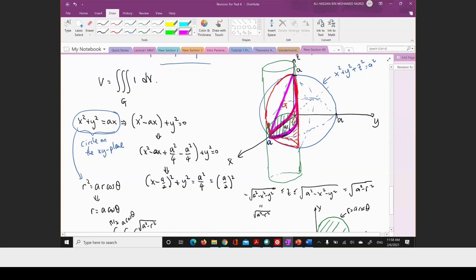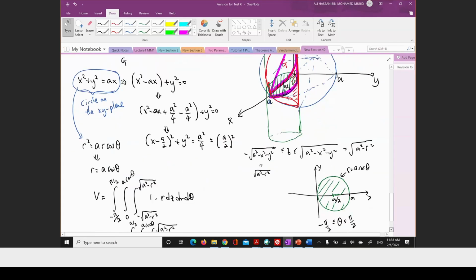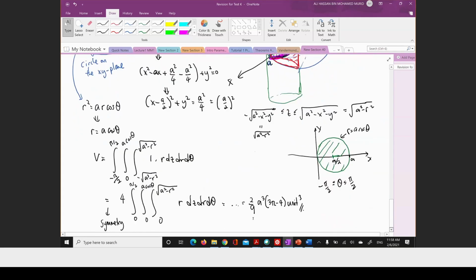So the total volume is 4 times the volume of the object in pink. If you notice that, it will simplify the computation here. So I leave it to you to practice and show that this is equal to this value here.